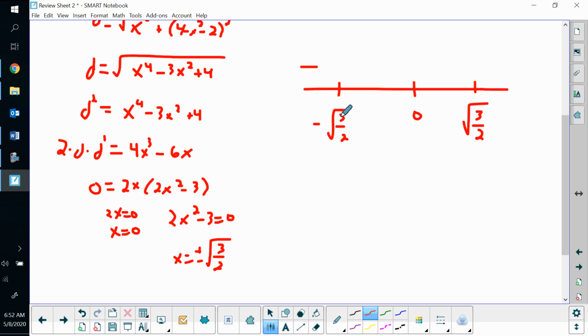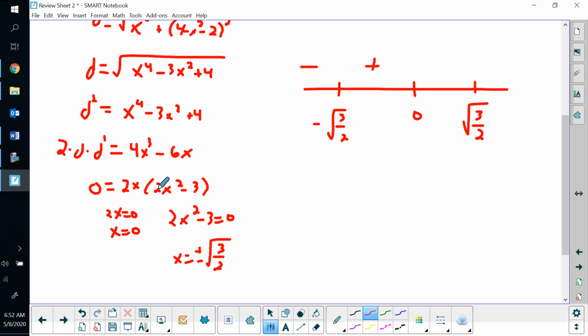If you put in, this is going to be bigger or further left of -1, because 3 over 2 is bigger than 1. So if you put -1 in, this is going to give us -2. This will give us -1 squared, which is 1, times 2 is 2, minus 3 is -1. -1 times -2 will give us a positive.